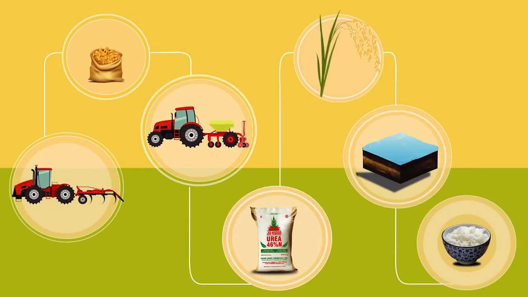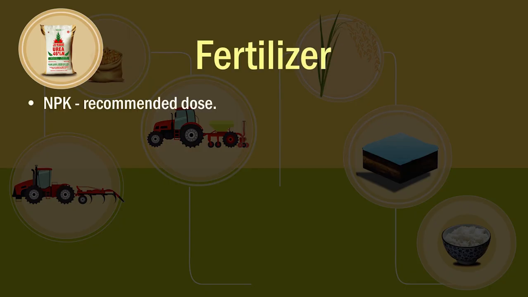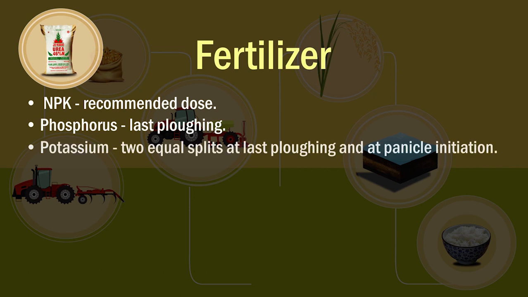For fertilizer management, we apply NPK, nitrogen, phosphorus and potassium as per the recommended dose. Total phosphorus should be applied as basal during the last ploughing. Potassium should be applied in 2 equal splits, one split at the last plowing and the other at panicle initiation.